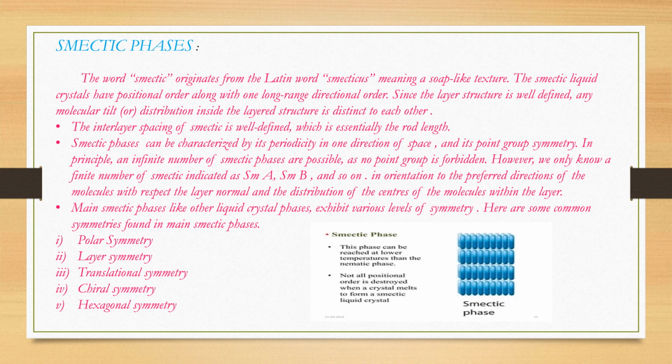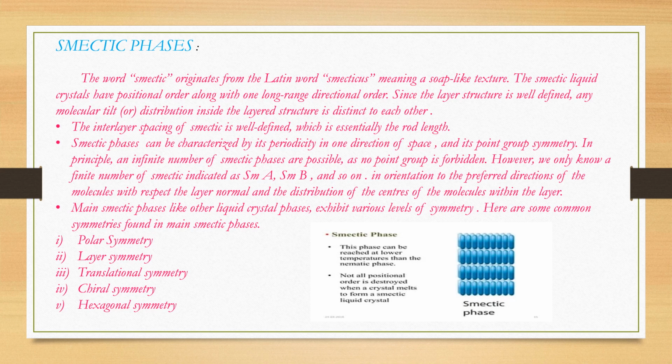Now we'll see translational symmetry. Smectic phases are characterized by long-range translational order within the layers. This means that the molecules are arranged in a periodic pattern along one or more directions within the layer. Now it's chiral symmetry.